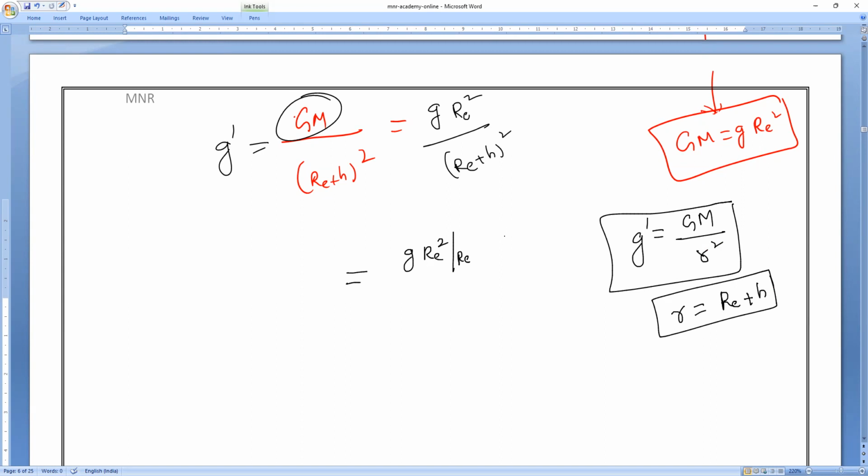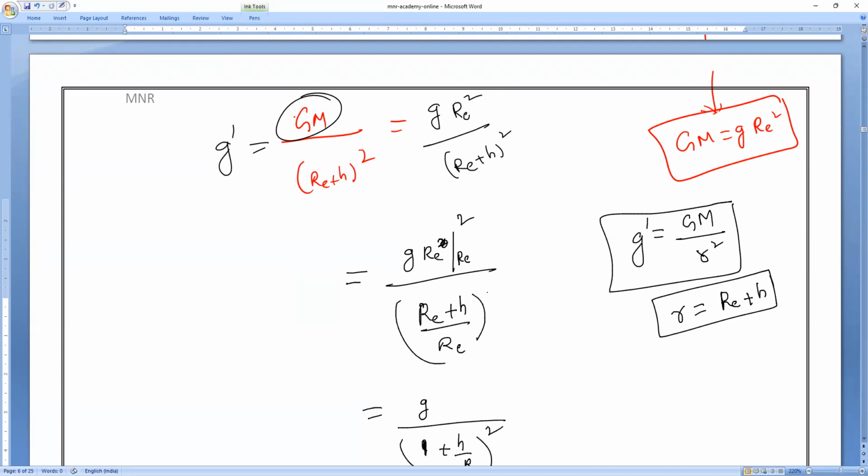If I divide both numerator and denominator by RE, I get RE plus H divided by RE in the denominator. The RE gets cancelled in the numerator, so it becomes 1 square. So G divided by, here RE by RE equals 1, plus H by RE, whole square.